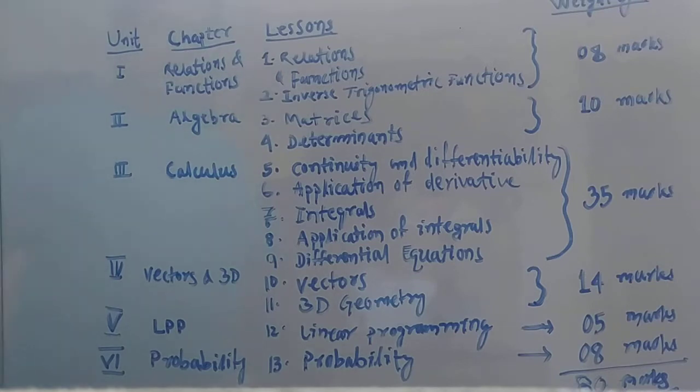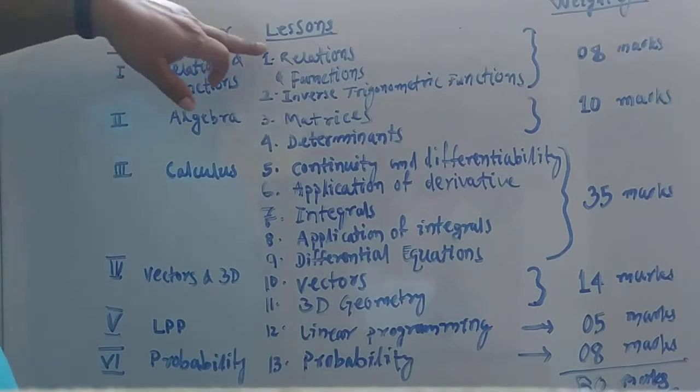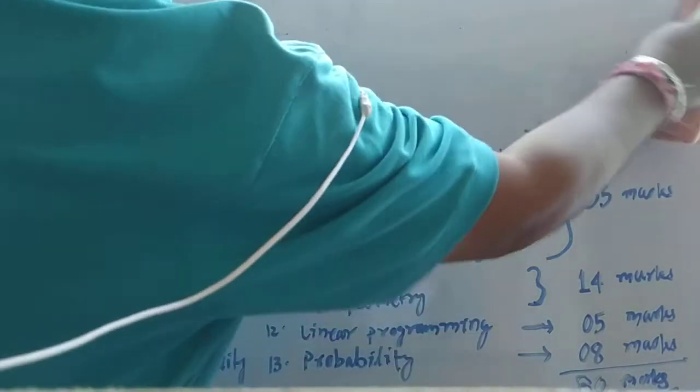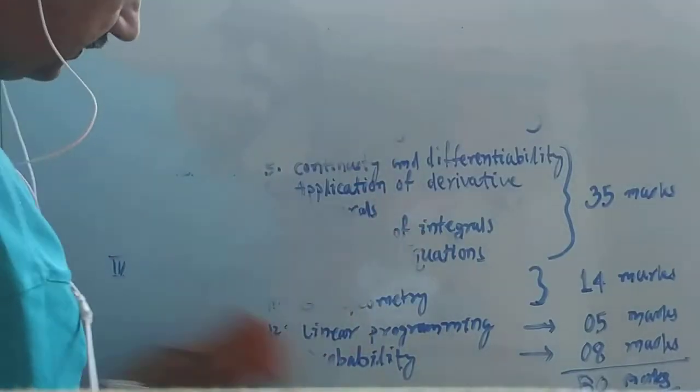Let us move to our lesson, unit 1, chapter 1, that is relations and functions. Already you have been acquainted with this chapter, because you have studied about relations in class 11.